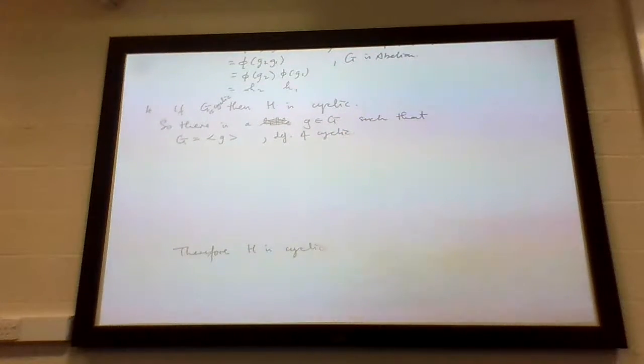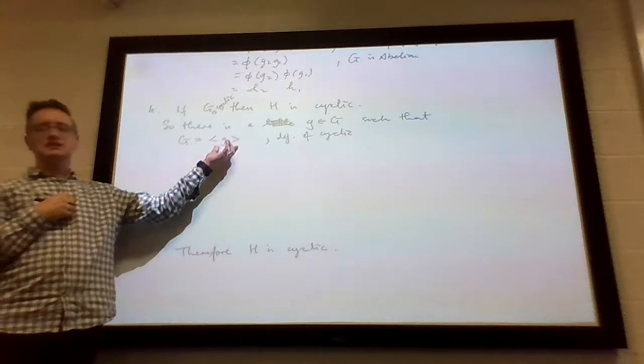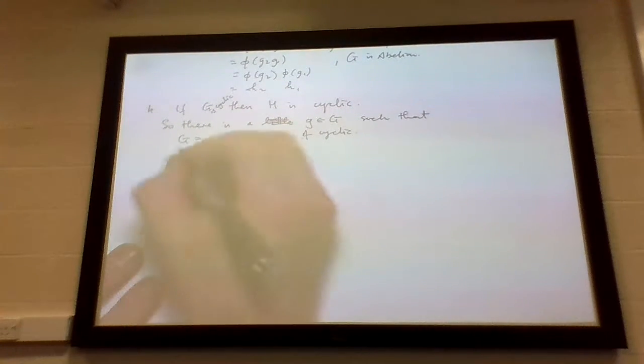But you need to expose that. Of course, what does that mean in itself? Can you unravel that even? What does it mean to say that G is equal to the subgroup generated by g? G is the set of powers of little g. Exactly.